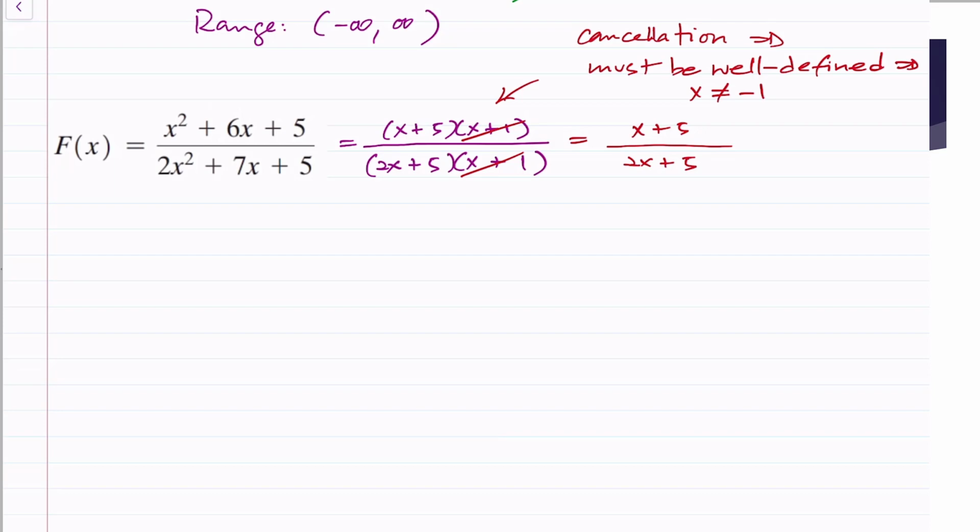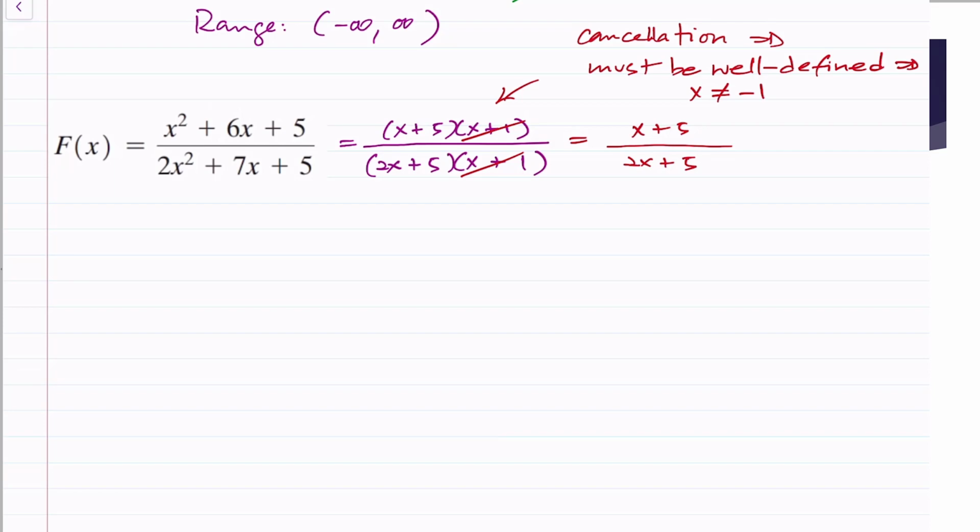So we cannot have x being -1, and that is clear from the get-go. In fact, when you make that cancellation, you are tacitly assuming that x is not equal to -1. So even though it may appear that there's no earthly reason why -1 would be excluded from the domain, which you're going to see in a couple minutes, it is, because you can't do the cancellation if that's in.